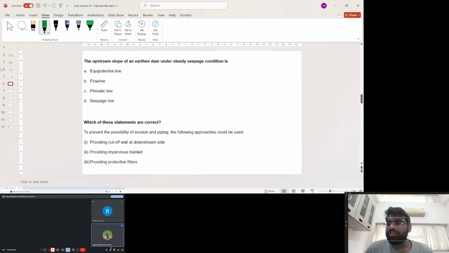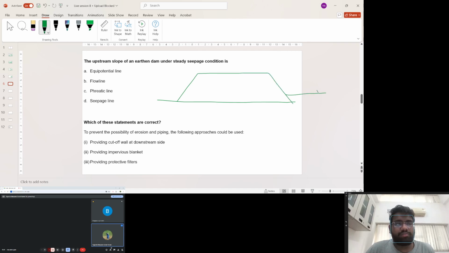So coming to the next question: the upstream slope of an earthen dam under steady seepage condition is. First we need to understand what steady seepage condition is. So this is an earthen dam.